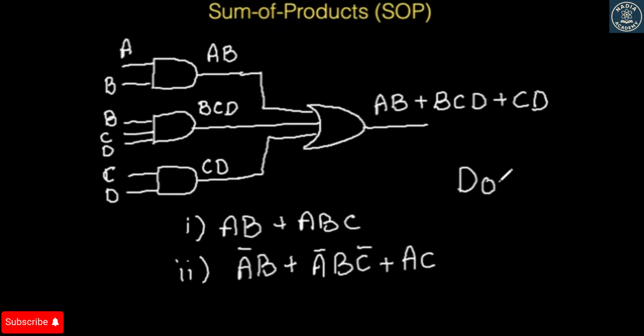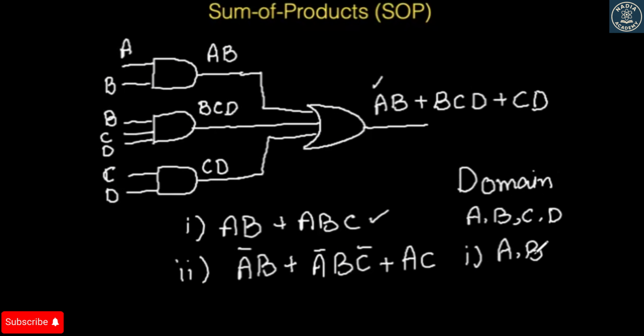If we look at the example with three AND gates and one OR gate, there are four variables, A, B, C, and D, so the domain is A, B, C, and D. In our example number one, the domain is A, B, and C only, and in the second example, the domain is A, B, C as well.